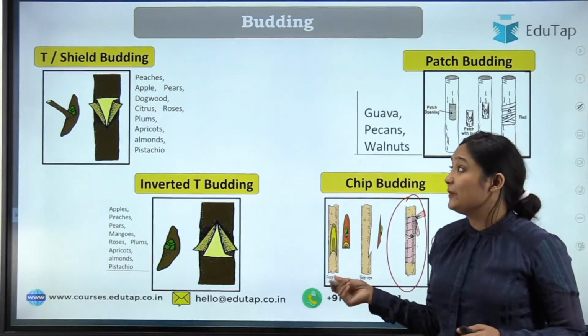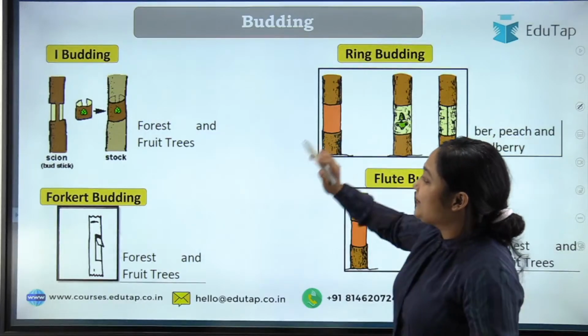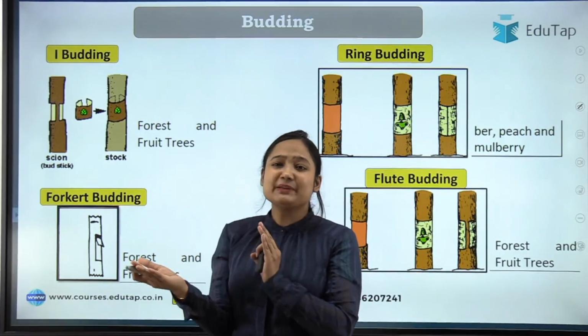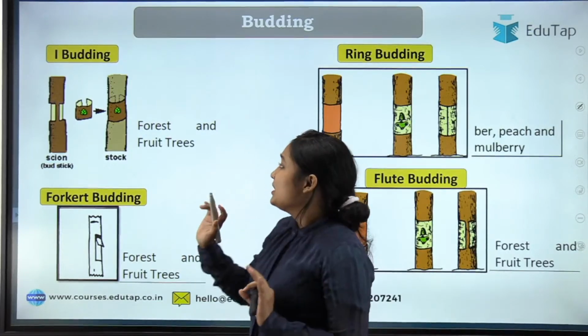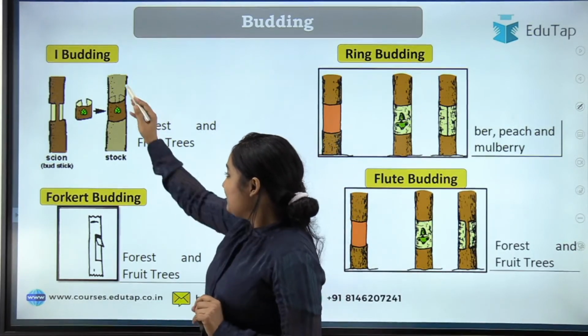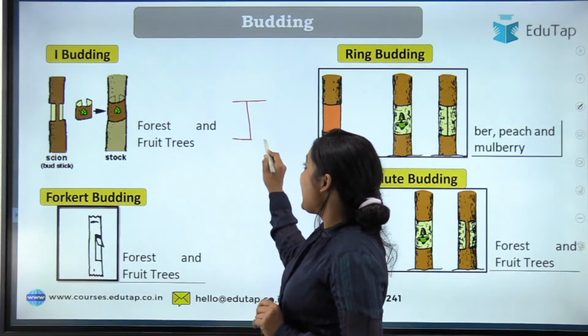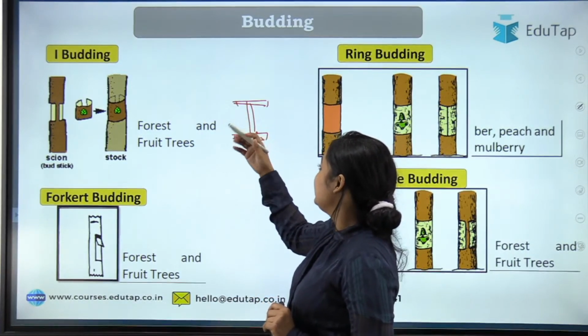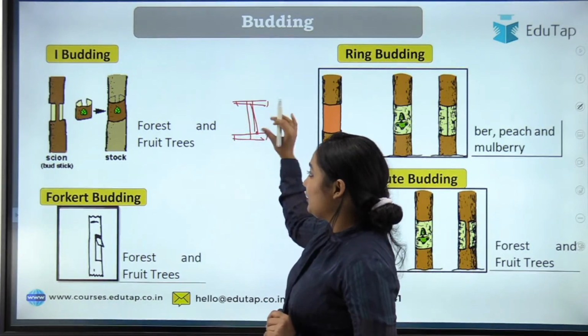Moving to the other kind of budding, this is eye budding. Very simple, T budding, eye budding, patch, you will be able to understand from the name now. So talking about eye budding, you are making an eye alphabet, not EI. So you are doing an eye-like cutting.